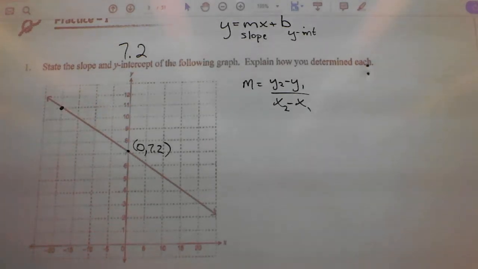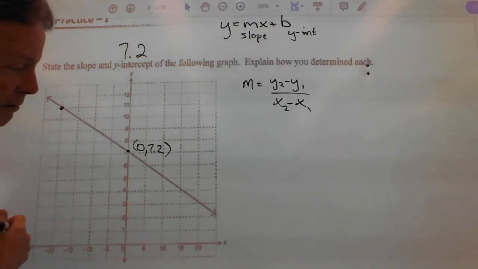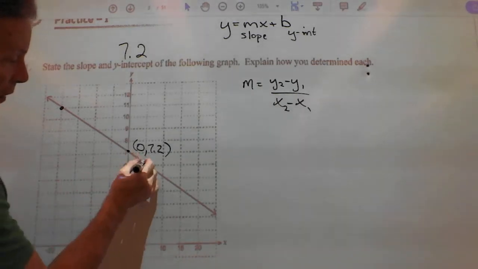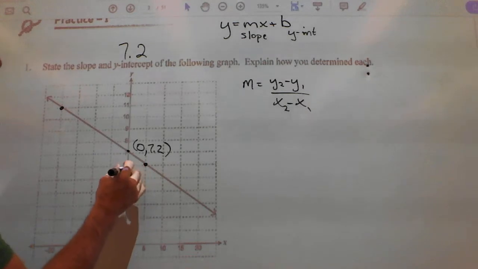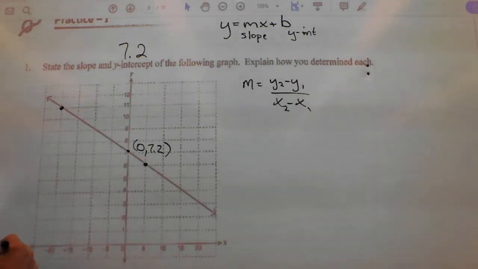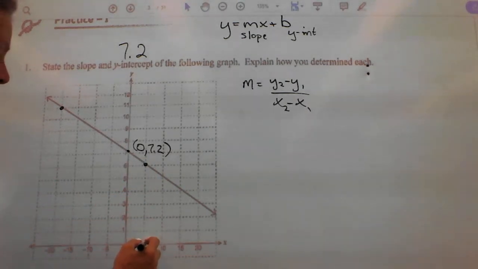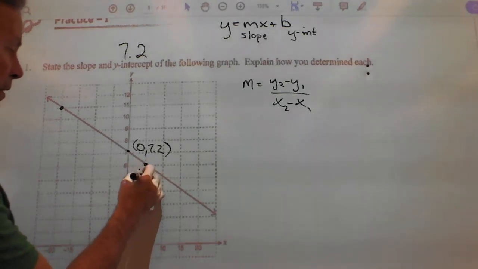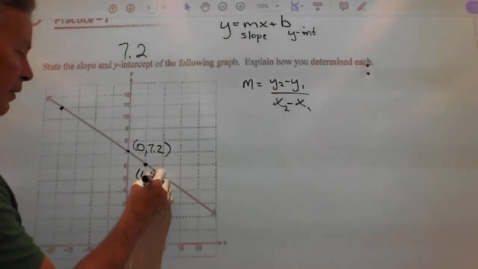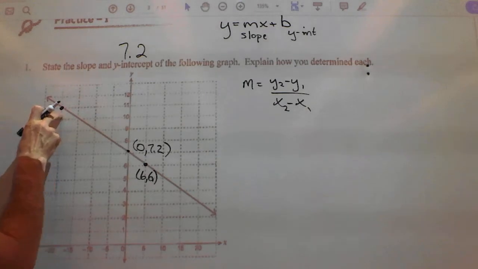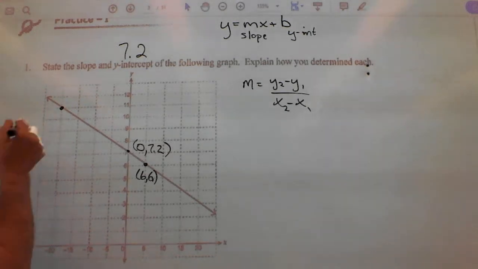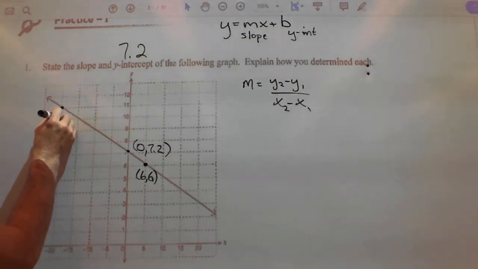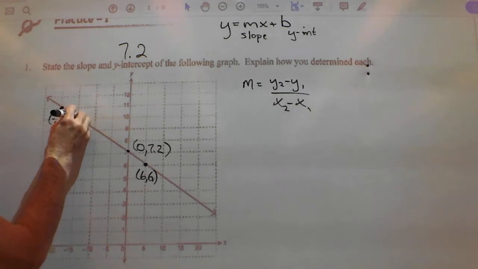So I'm going to pick this one, and these all look about the same, and I'll pick this one. Okay, this one here looks to be at 6 across and 6 up, so 6 and 6. And this one here looks to be at negative 20 and positive 11. So negative 20 and positive 11.